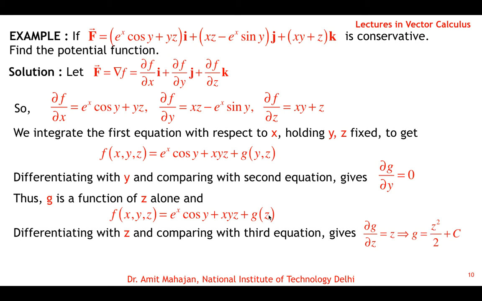I can substitute it back here, and that gives us the potential function f(x,y,z) as e^x cos y plus xyz plus z square by 2 plus a constant. In fact we have calculated an infinite number of potential functions for this vector field f.